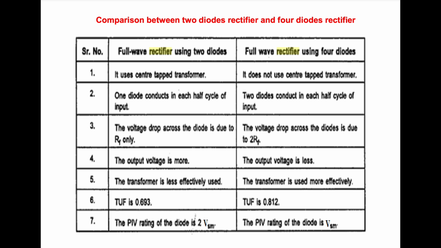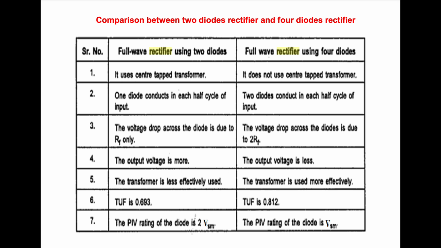In contrast, the center tap full wave rectifier only uses one half of the AC cycle at a time. So a higher TUF is generally desirable, as it implies more efficient use of the transformer, reduces wastage of power, and makes the rectifier circuit more effective in converting AC to DC.